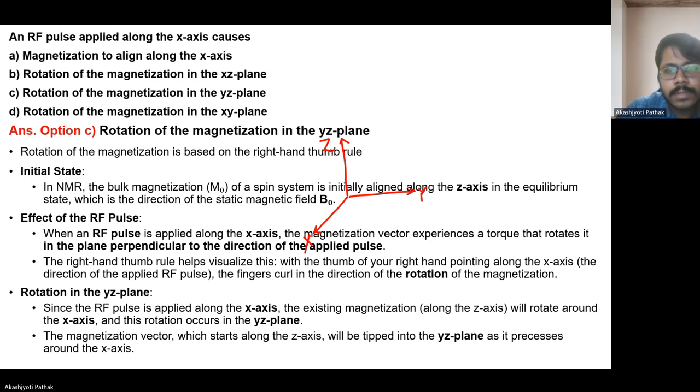Rotation in the, into the... I'll just check a bit. Okay, so I'll check once.